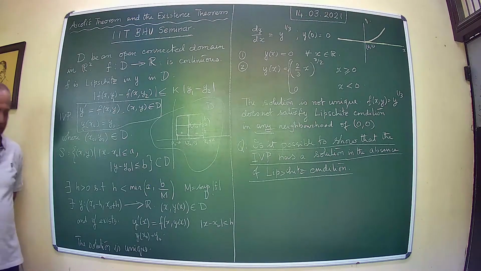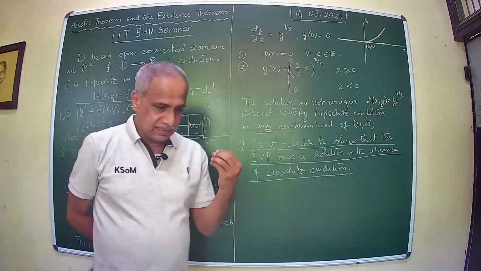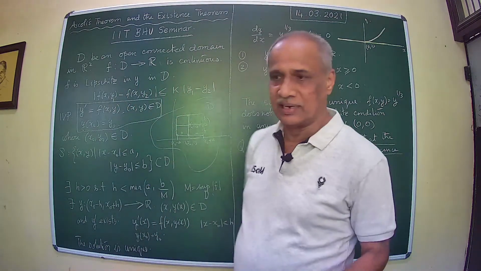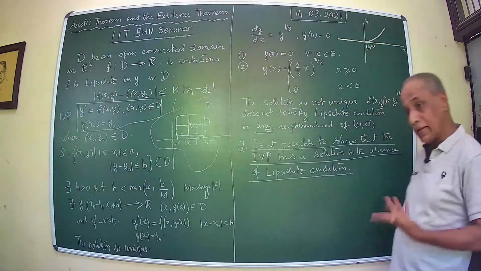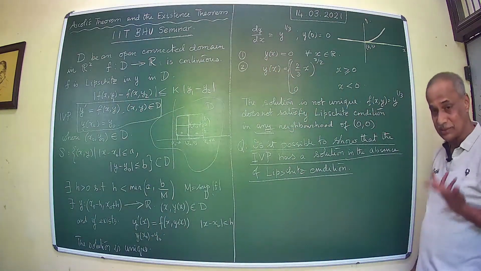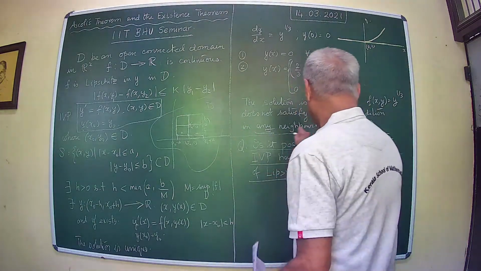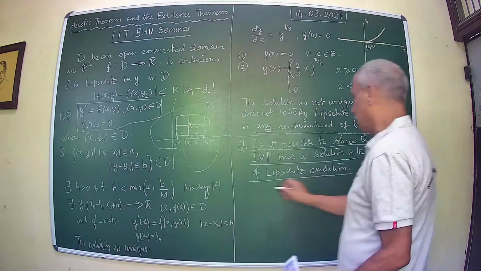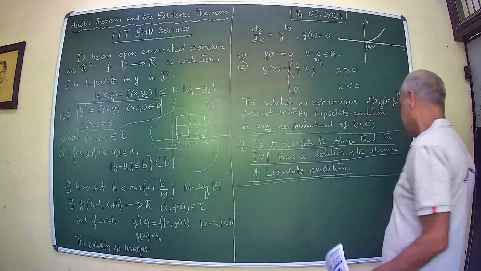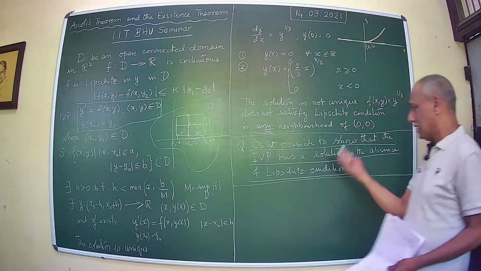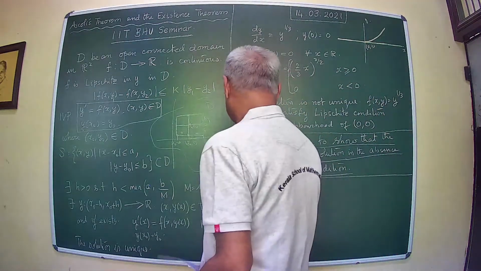Then it says that there are subsequences which converge, and there may be more than one subsequence which converges. Now, I want to draw your attention to the importance of that. So that's the purpose. Okay, so this is the question that we start with.